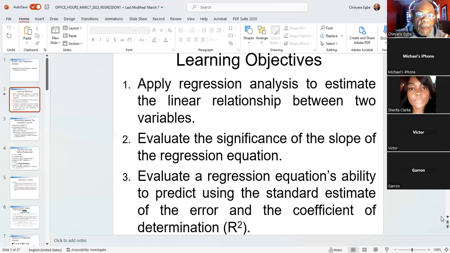We use the coefficient of determination, r squared. What that simply means is, if you look at changes in the independent variable, what percentage of the changes in the dependent variable can be explained by changes in the independent variable?